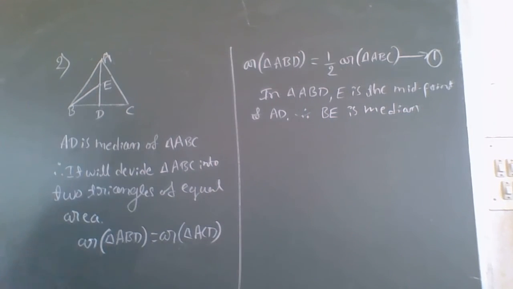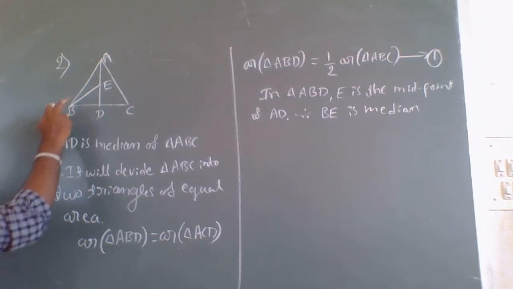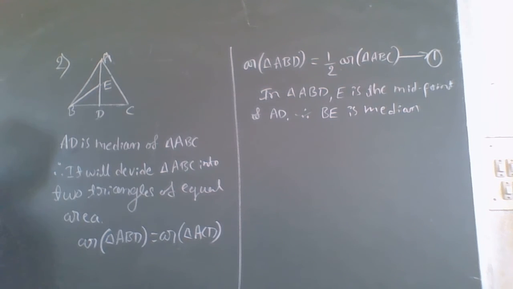Then if BE is the median in triangle ABD, we can say that area of triangle BED equals area of triangle ABE.